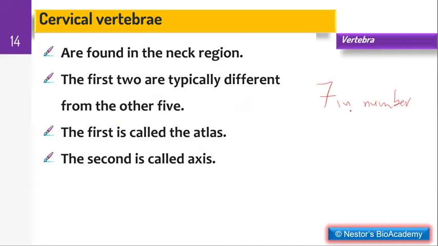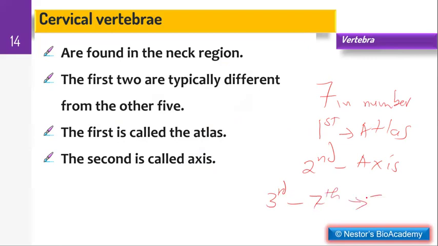But not all of them appear the same. The first one is referred to as the atlas. The second one is referred to as the axis. Then the third to the seventh typically appear the same. They tend to be similar, but the atlas is very different from the other 6.